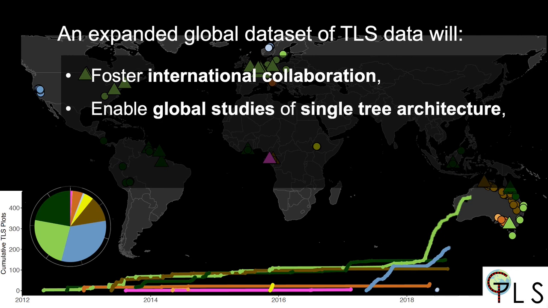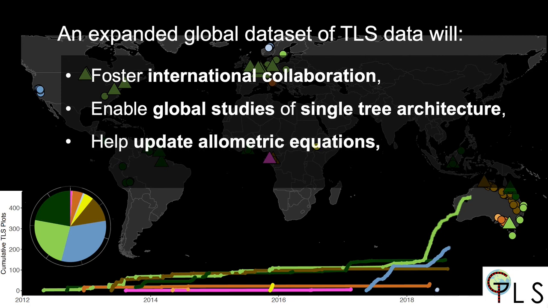And tying into that is the idea that by coming together, we'll be greater than the sum of our parts in terms of the types of science questions that we can tackle. We can start to now do these global studies of single tree architecture.